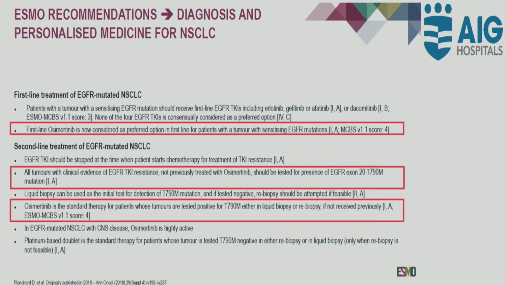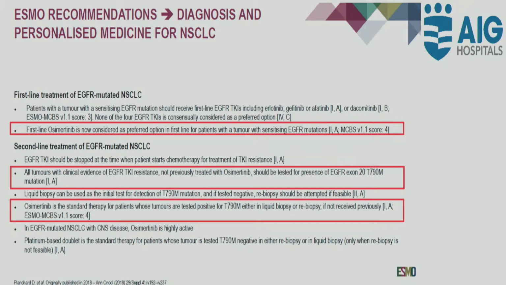If you look at the European Society of Medical Oncology guidance for first-line treatment of EGFR mutated NSCLC, it is no longer chemotherapy, it is targeted therapy. In the first line, you use either gefitinib or erlotinib or osimertinib. These are all small molecule inhibitors.